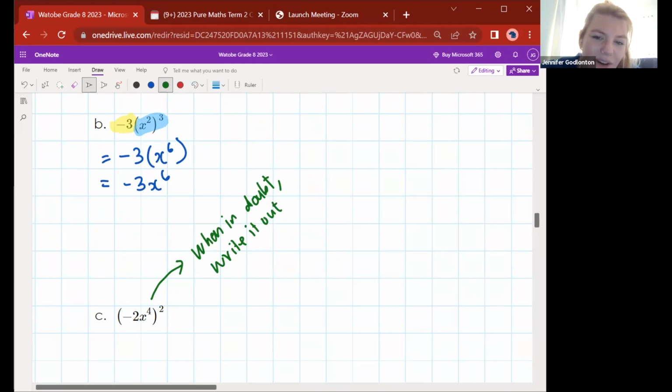Obviously we can't do that if the power is like 112, but when the power is something small like this, then we can. So if we wrote this out the long way, we would have -2x to the power of 4 times -2x to the power of 4. That might make it easier for you to see what to do.